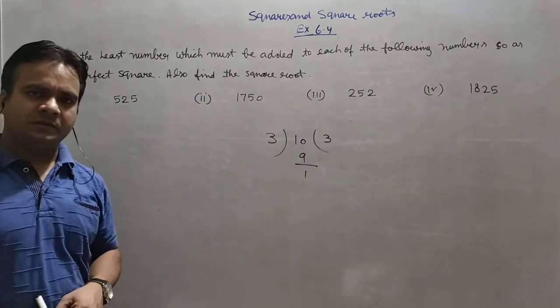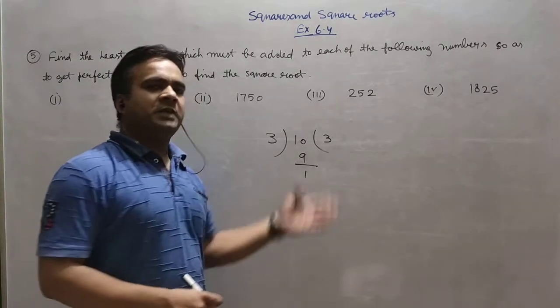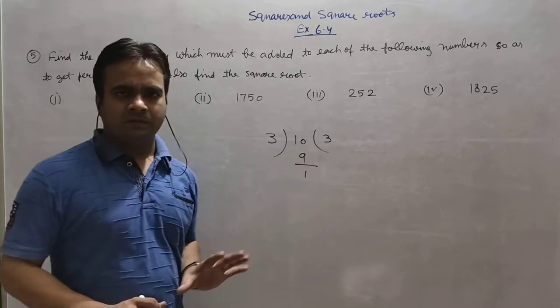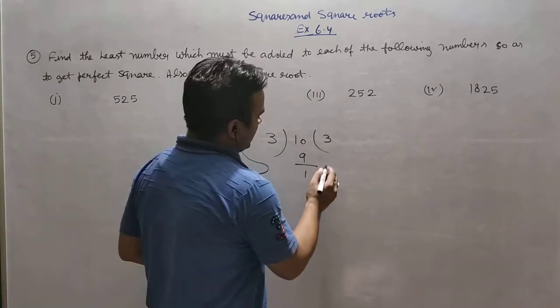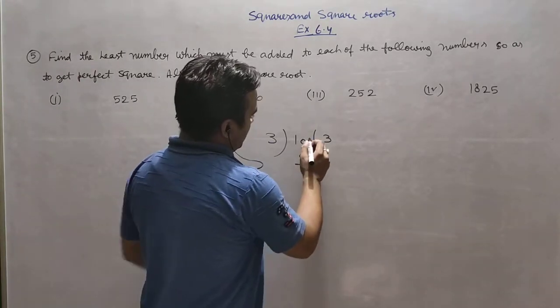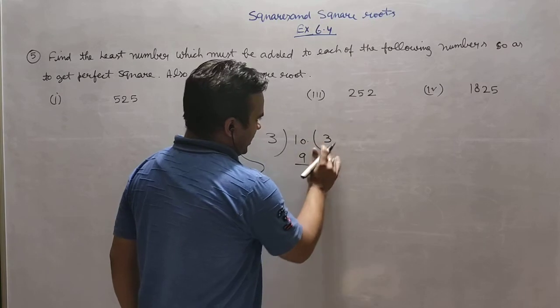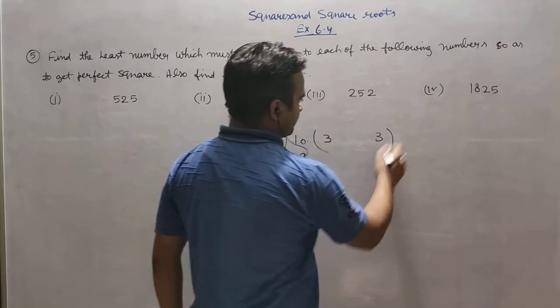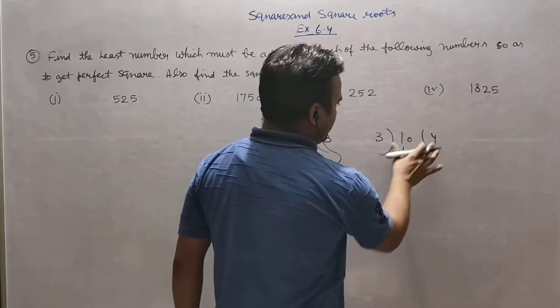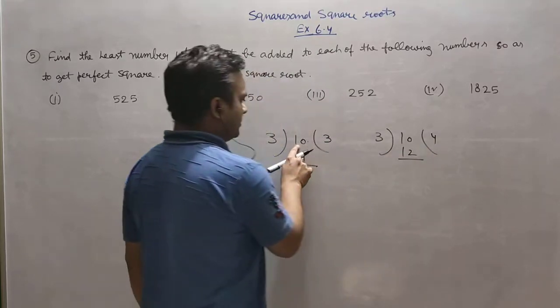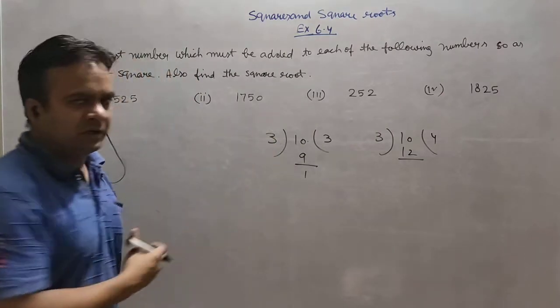So how can you find it? When asked what must be subtracted, we subtract the remainder. But for addition, what is the approach? For this one, 3 3s are 9. What is 3 4s? 12.